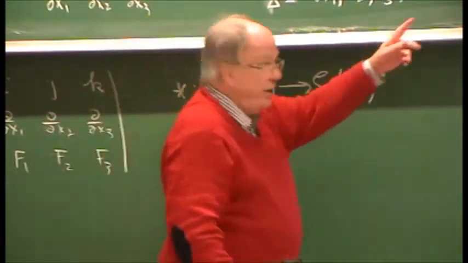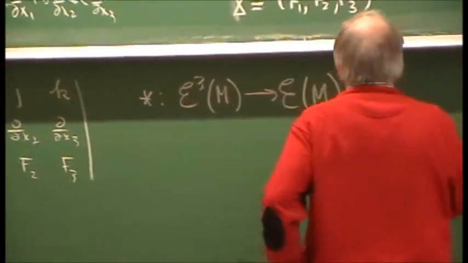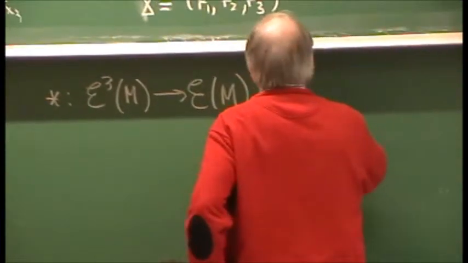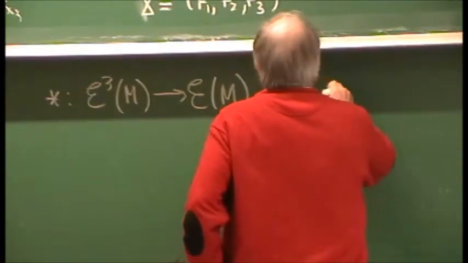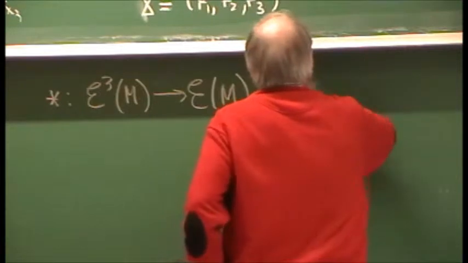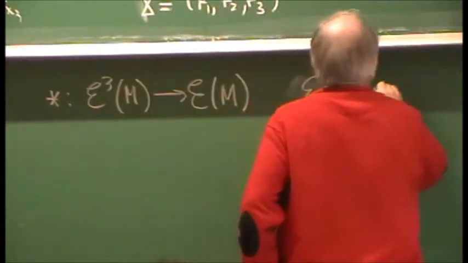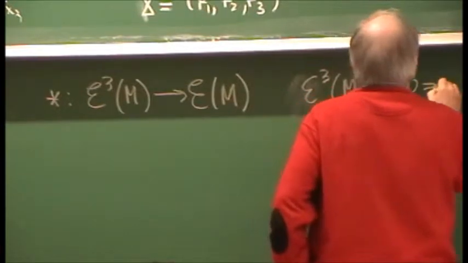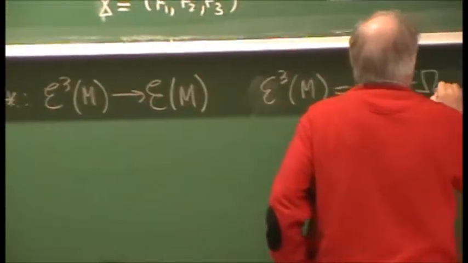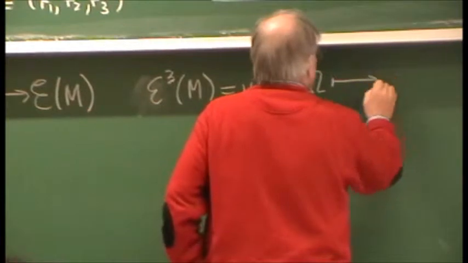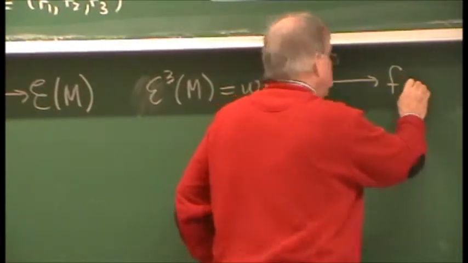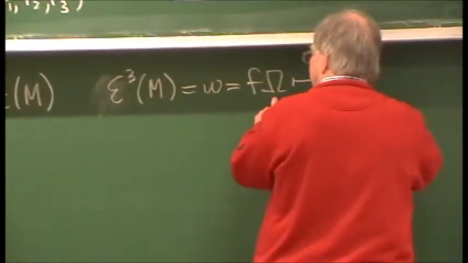You take a 3 form on R^3, call it omega, and we know that it's a multiple of the given orientation form, and this gets mapped just to the function. Conversely, start with a function multiplied by the given orientation form.